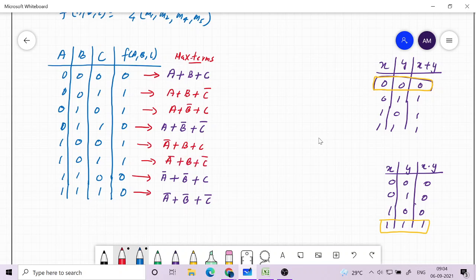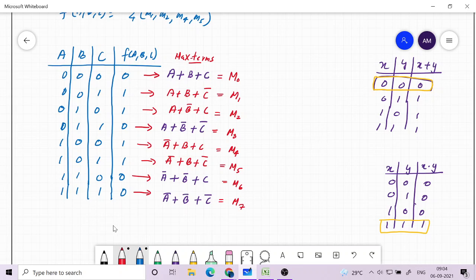So these are the max terms corresponding to, so we can call this capital M0, the next one capital M with a suffix 1, M2, M3, M4, M5, M6, M7. So these are the max terms.